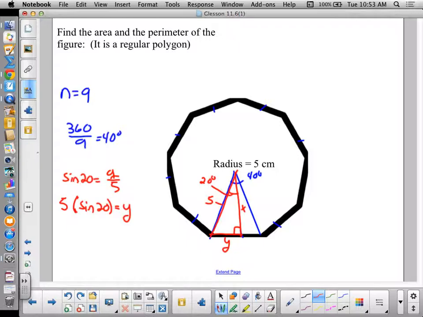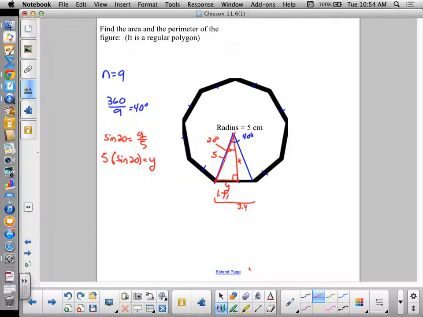There are 9 sides. So that's about 1.71 for y. So this whole side is about 3.42. That's the whole side. So my perimeter would be 3.42 times 9, or 30.78.